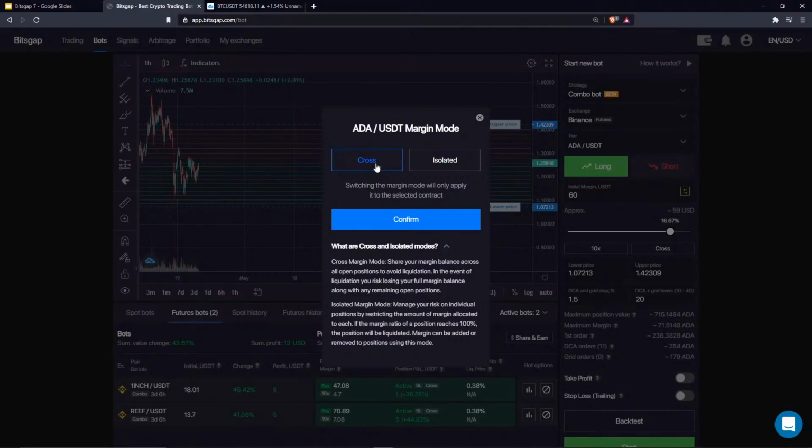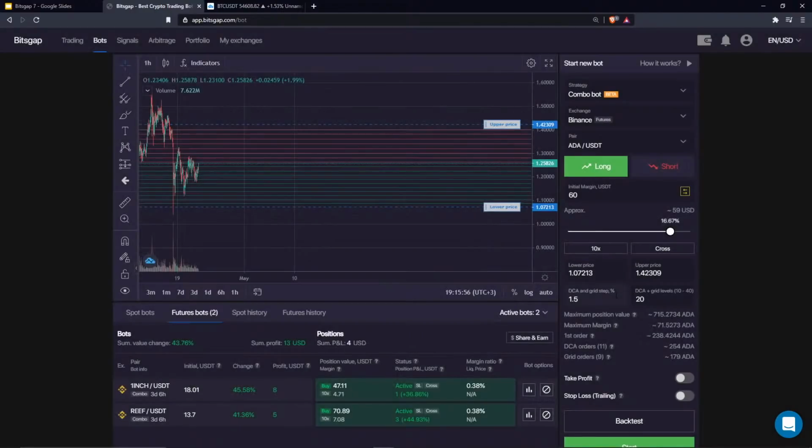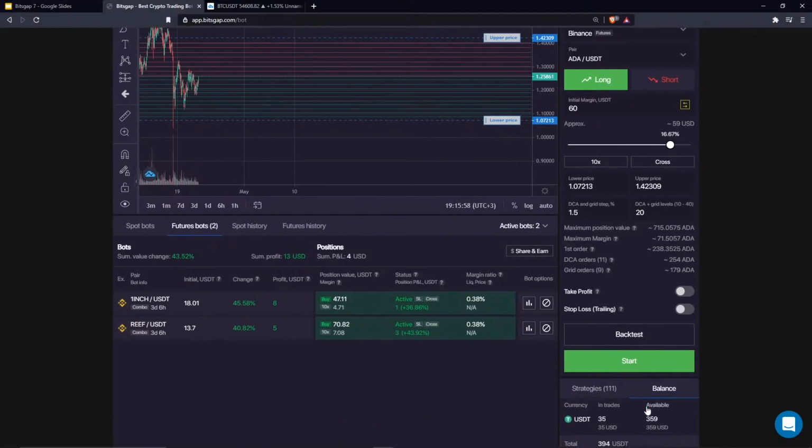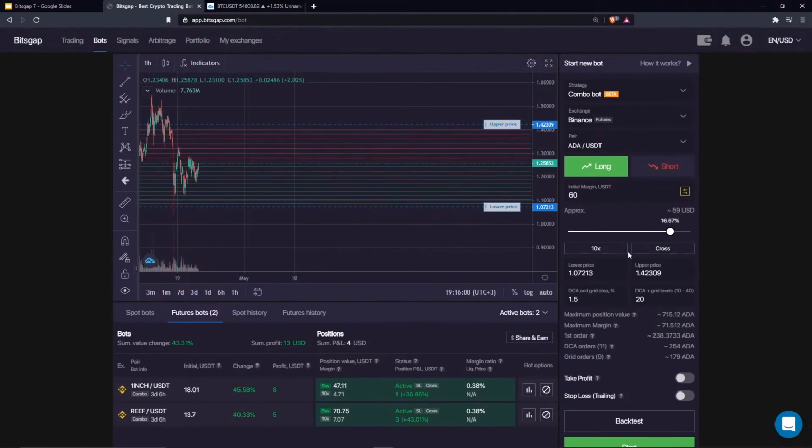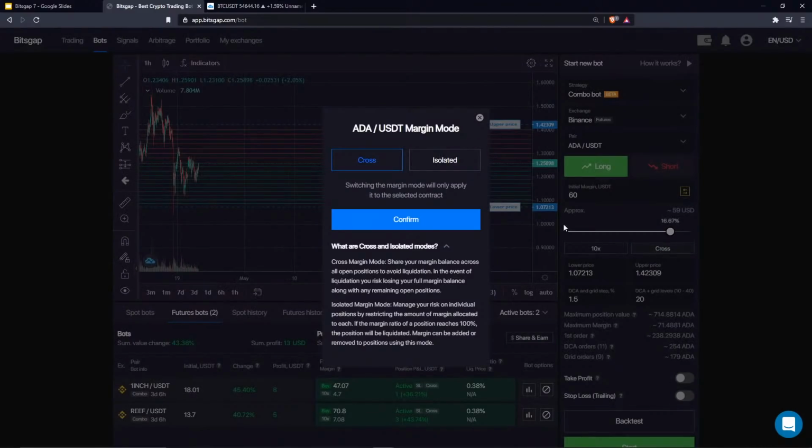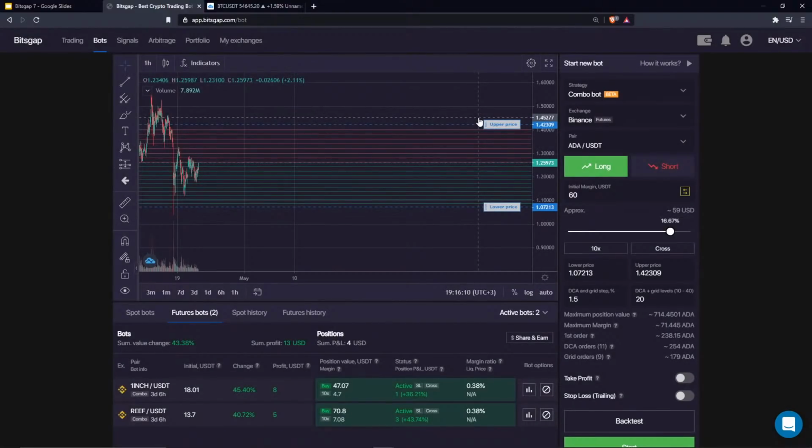If you have cross mode, that means that your entire available balance is used as collateral to finance this trade. Whereas if you use the isolated mode, only a portion of your total balance is used for this particular trade.